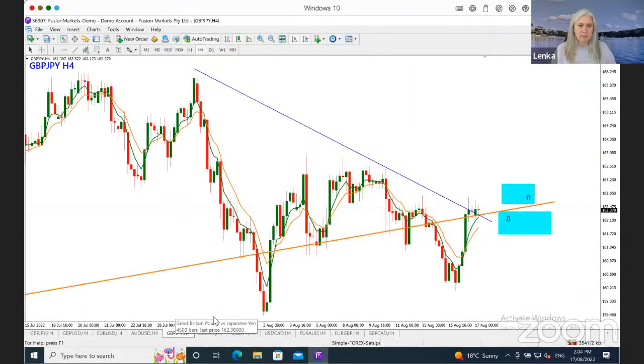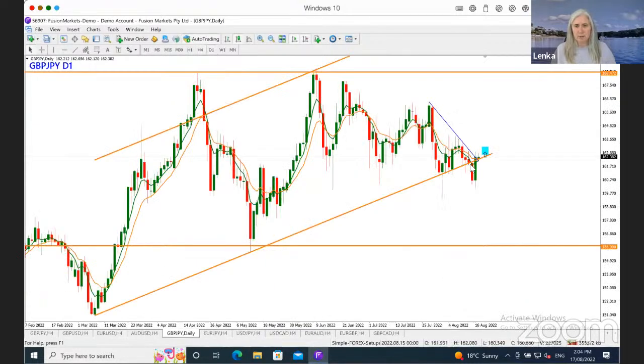Next currency pair I'm looking at is GBP JPY. Now, GBP JPY is currently at the previous channel, and there is a level of decision. So previously it went below but straight back up.